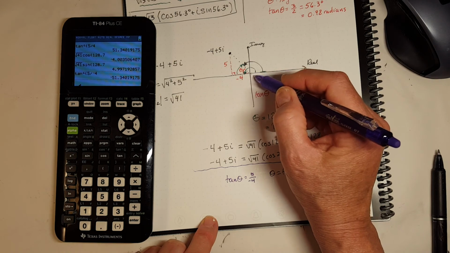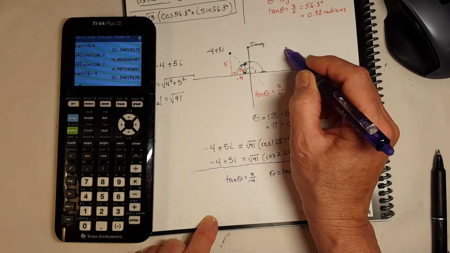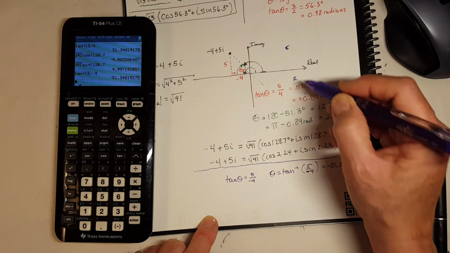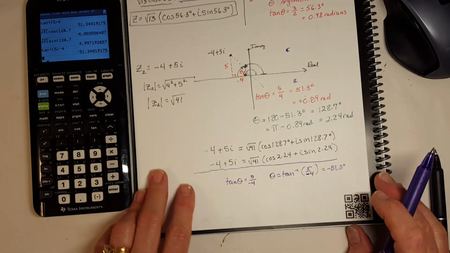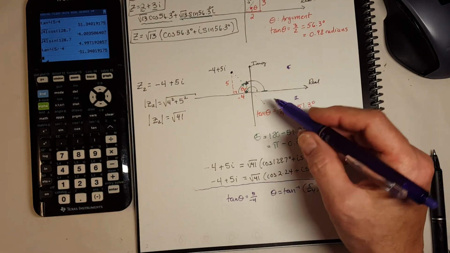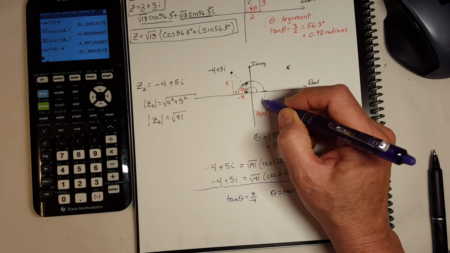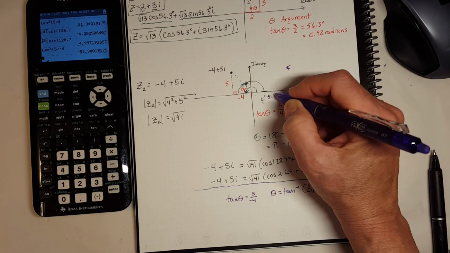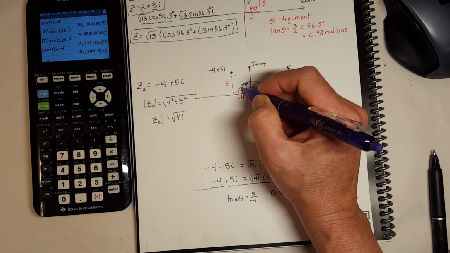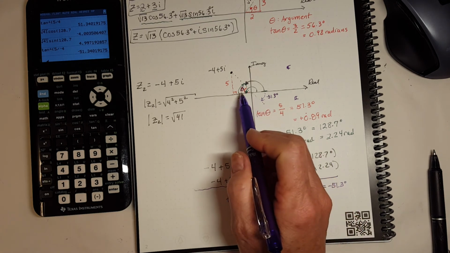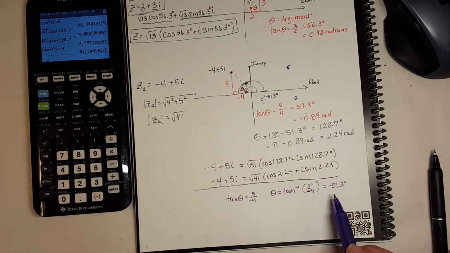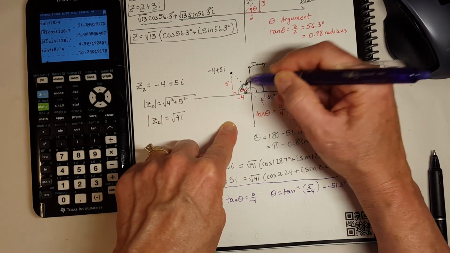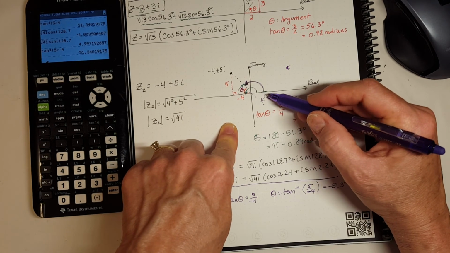Tan inverse can only give me answers in quadrant 1 and quadrant 4. So if I'm thinking about the Cartesian coordinate system, x's and y's, my tan inverse is going to give me this number, -51.3 degrees, just like this theta was 51.3 degrees, because they are vertical angles, so they have to be equal. So how would I get my desired angle if I know that this is -51.3?